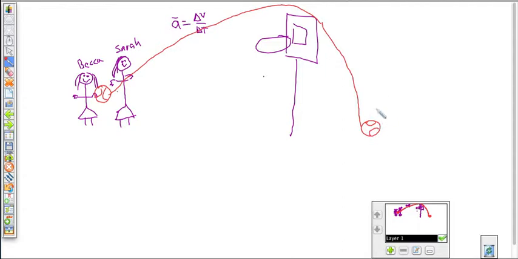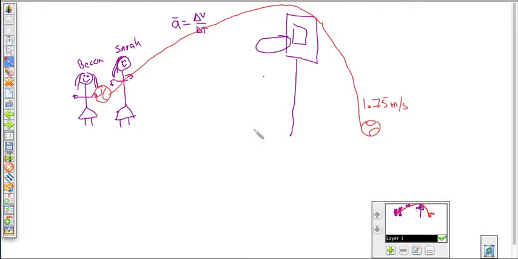Okay? And the basketball continues to roll. And let's say that it has a constant velocity here of 1.75 meters per second, okay?